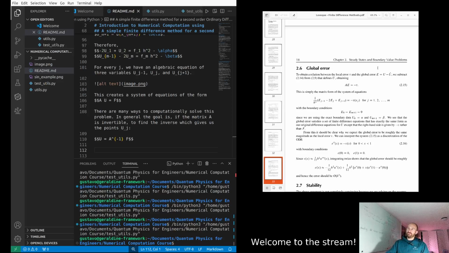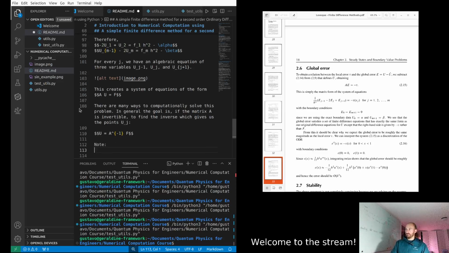basically a function from NumPy called the NumPy linear algebra solver. It's a very good function. So I'm going to add a note in Python, or let's call it Python / NumPy or SciPy.